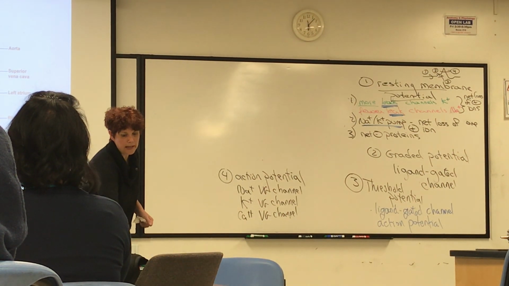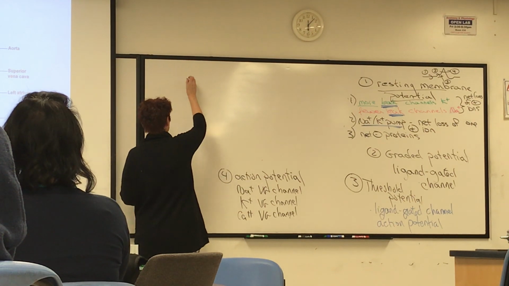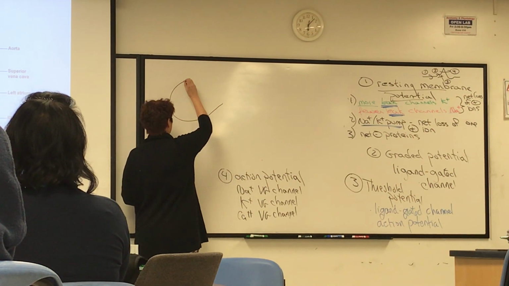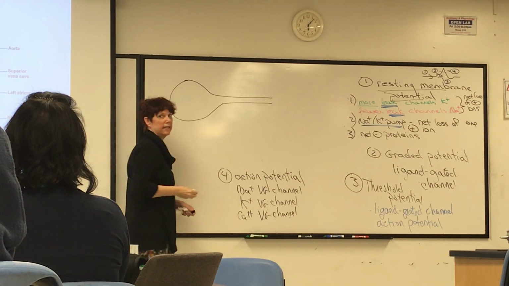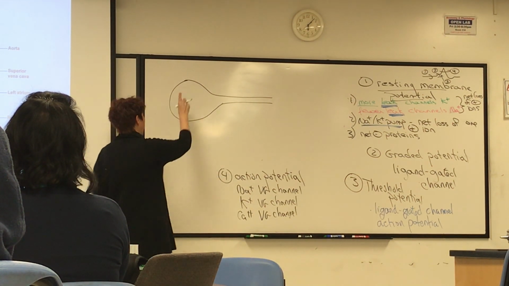So if we're looking at the cell body of a neuron, and then its axon, and we'll just not draw in the dendrites and so on, okay?